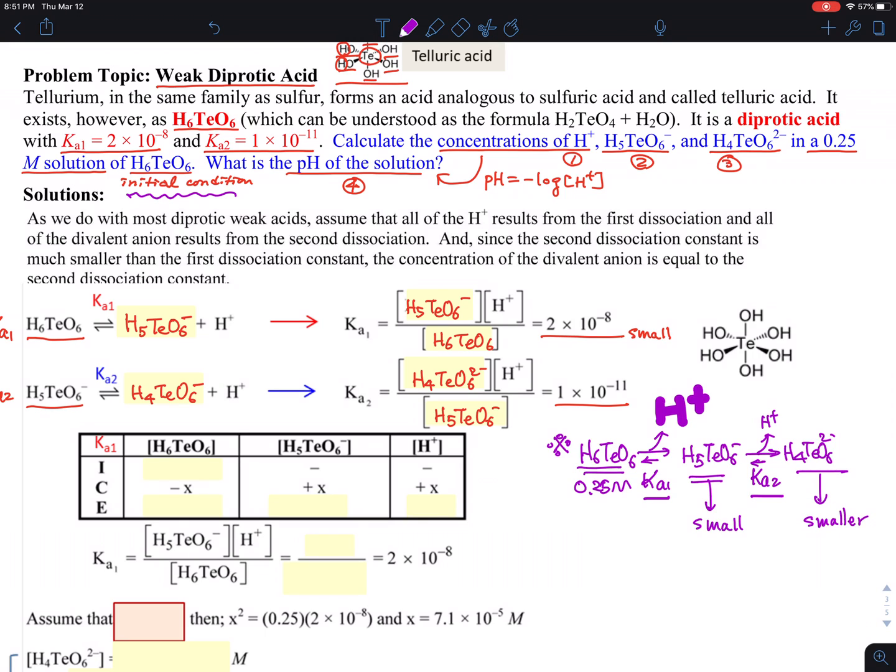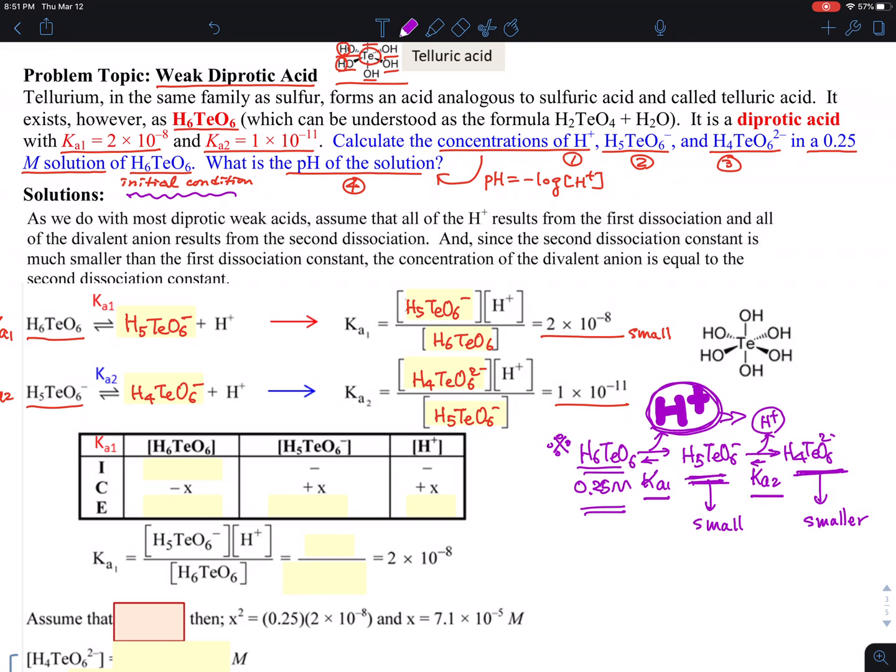Think about having $1 million here, and you use, let's say, $100, and that's like the $100 you have in your pocket, and from that $100 you're generating 1 cent. So the proton generated from here is almost negligible compared to the proton from the first ionization.